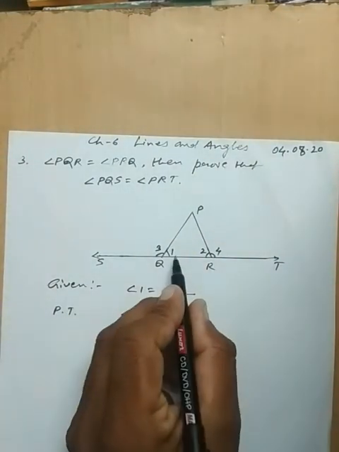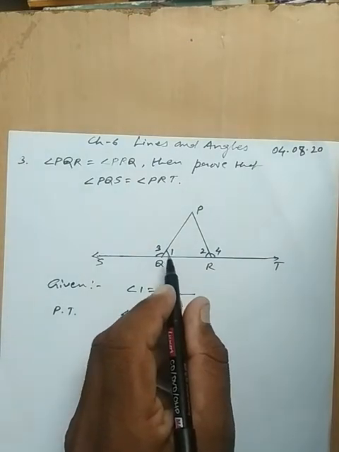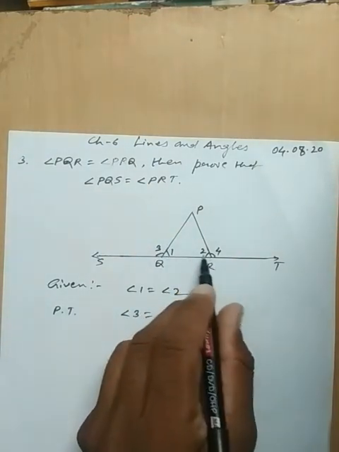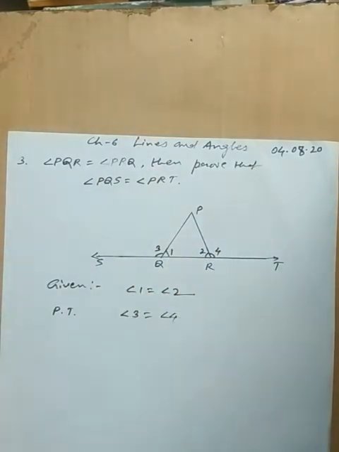Here there is a relation between angles 1, 3 and 2, 4, because 1 and 3 are in a linear pair, and 2 and 4 are also in a linear pair.